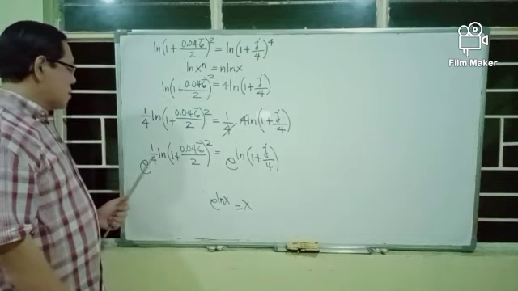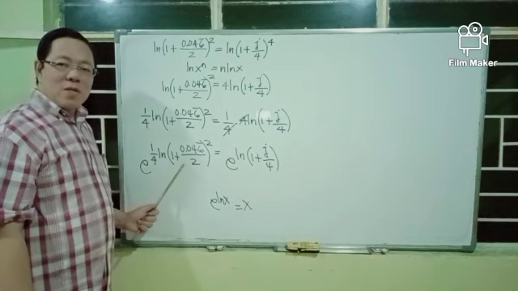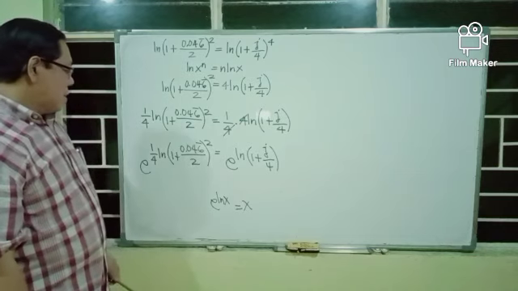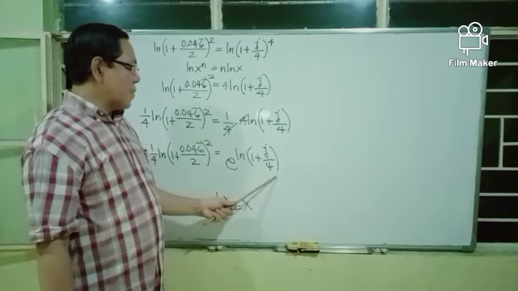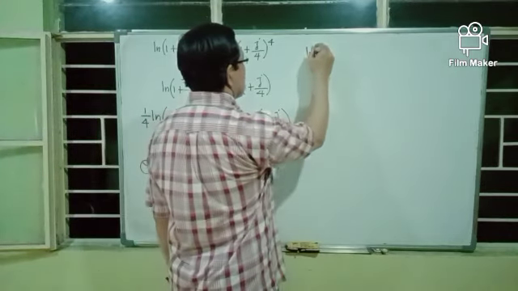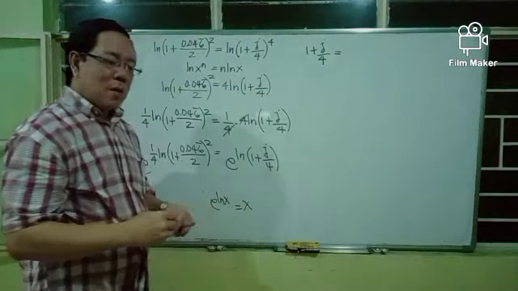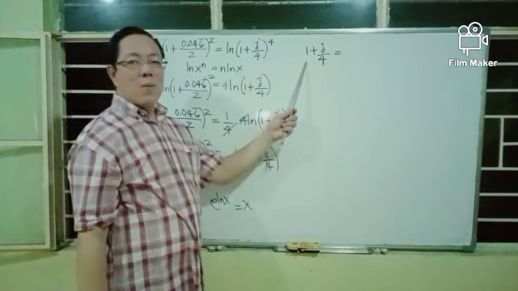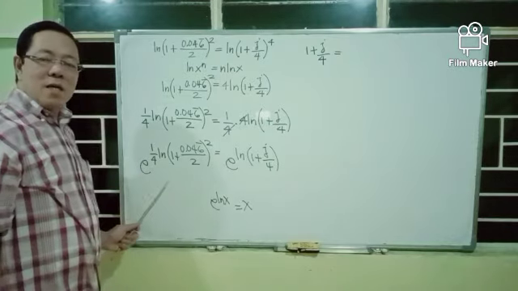The left-hand side is e raised to 1/4 times ln of quantity 1 plus 0.046 repeating divided by 2 raised to the power 2. And the right-hand side simplifies to 1 plus j over 4. By this property of natural logarithm, the right-hand side simplifies to 1 plus j over 4 equals the same quantity, e raised to 1/4.